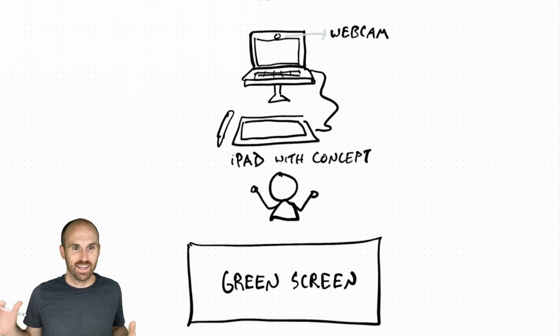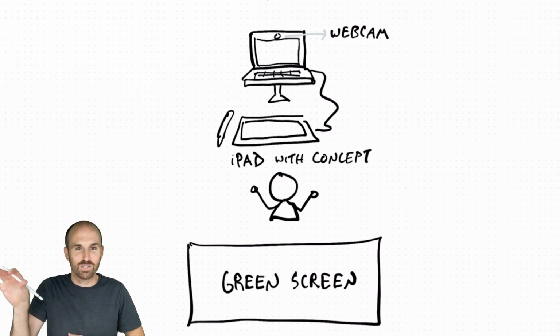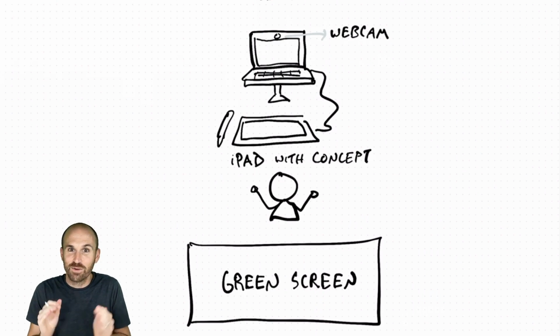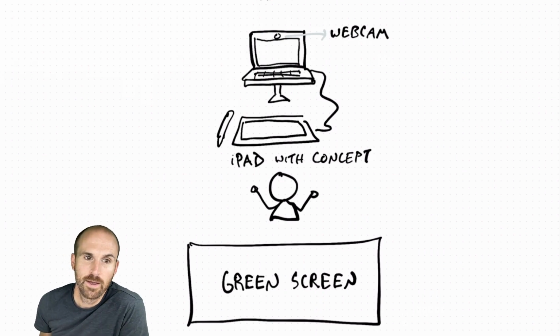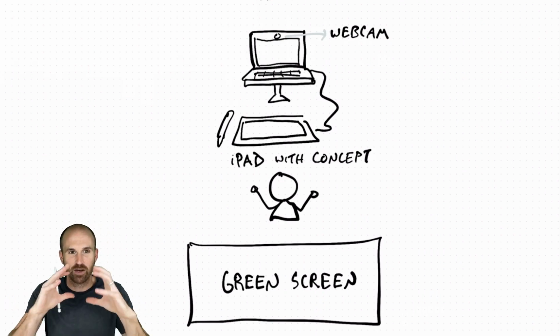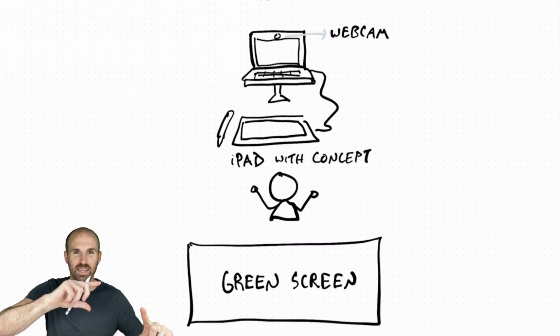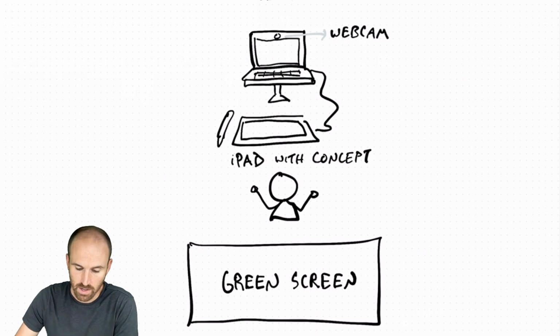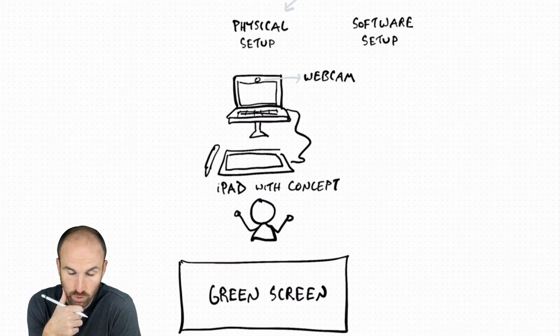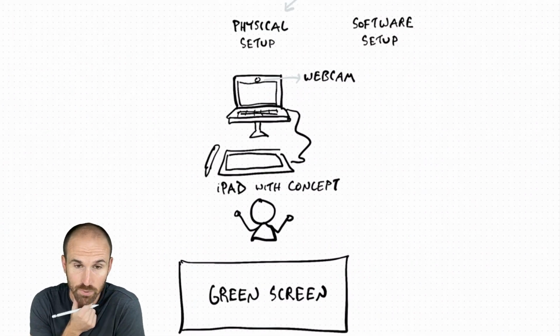It's kind of fun. And it also covers the least amount of your sketch note as possible, which is kind of cool. But I'll also show you how to do a little circle crop just around your face, or even just a little rectangular video that's scaled down. That's what I will show you when we get to the software setup.